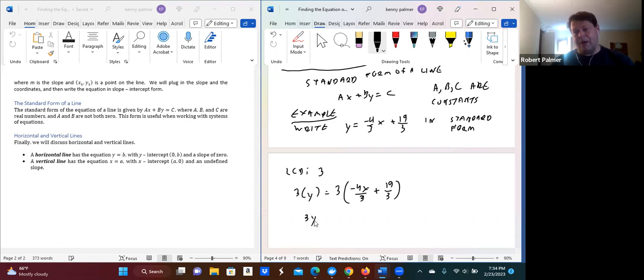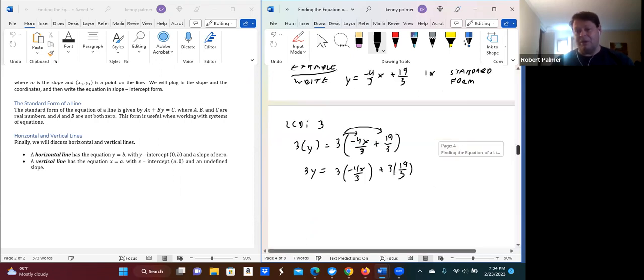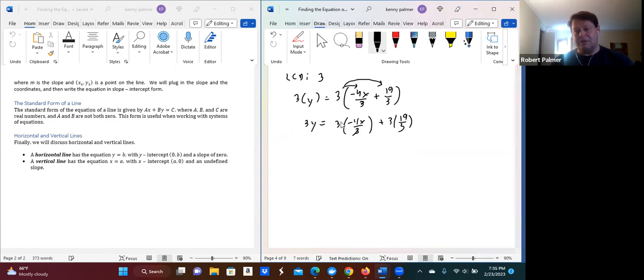So we have 3y is equal to, distribute the 3, 3 times negative 4x over 3, then plus 3 times 19/3. Once again, this is going to get rid of our denominators. So the 3's cancel out here and here, and we're left with 3y is equal to negative 4x plus 19.